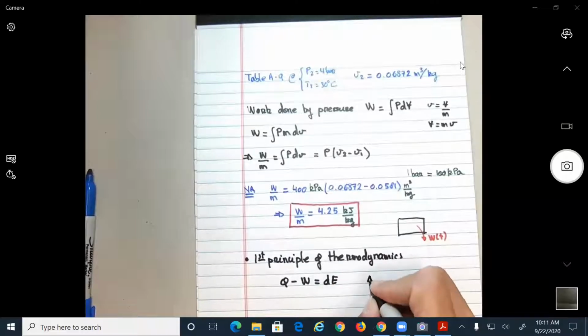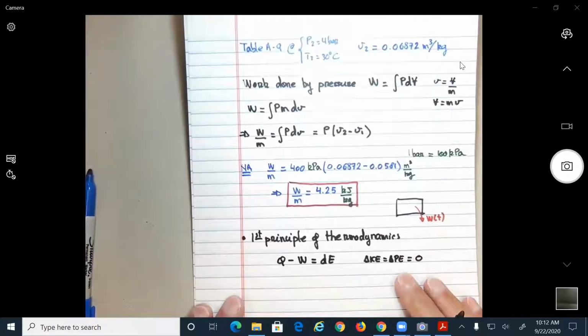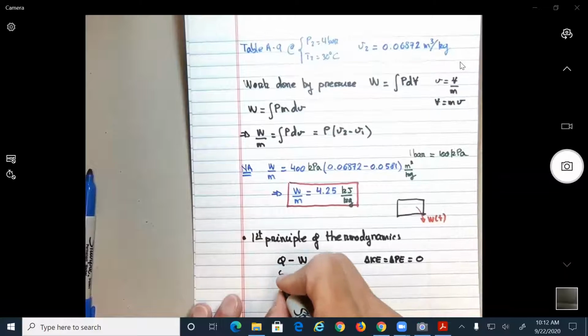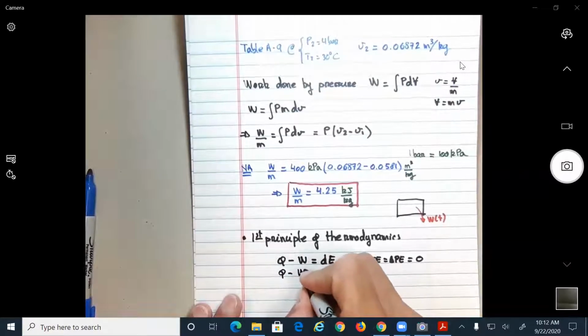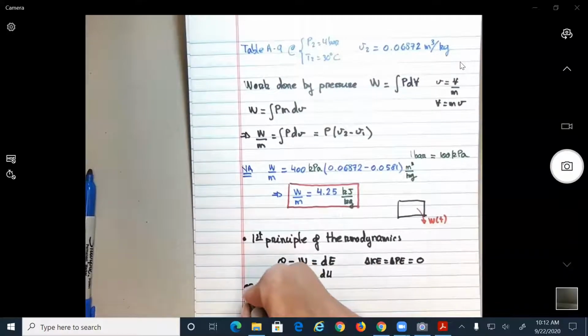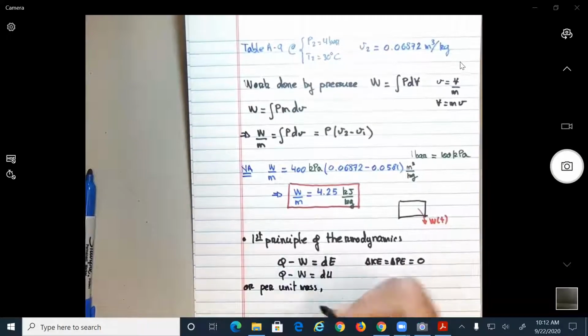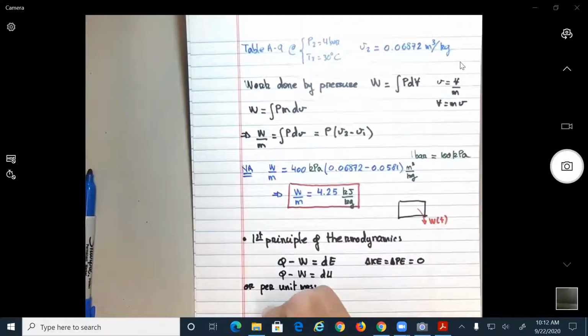But if we neglect kinetic and potential energy, we are just left with Q minus work equal to the change in internal energy. Or per unit mass, we could just say this is Q over m minus work over m equal to d, so this is uppercase U.